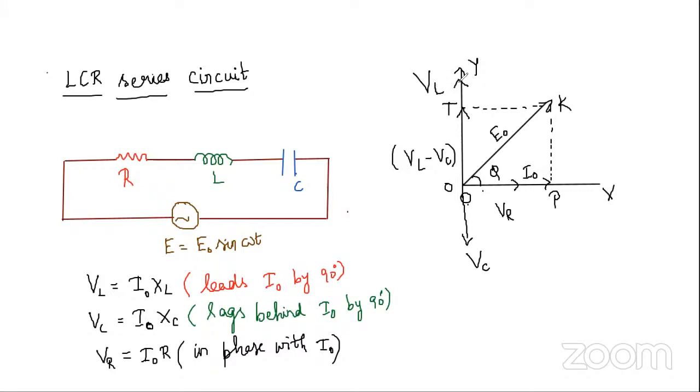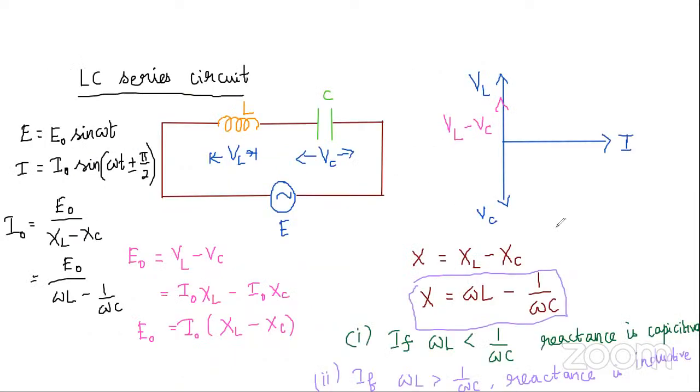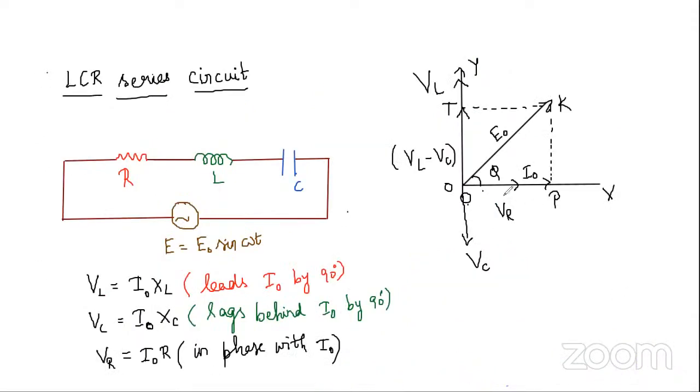So VL along positive Y axis, VC along negative Y axis. The resultant is given by VL minus VC. So this thing we have already discussed in LC series circuit. This diagram VL minus VC. Similarly, here you have resistance also additionally.